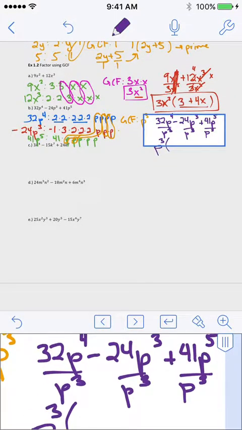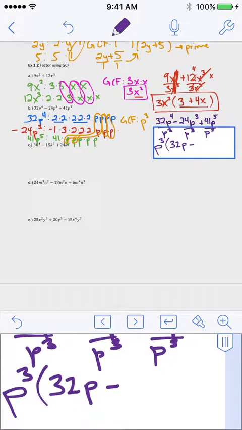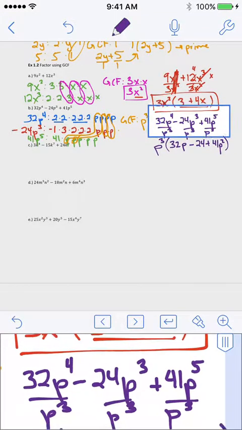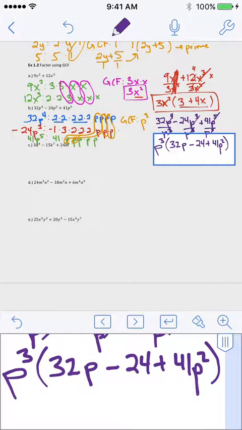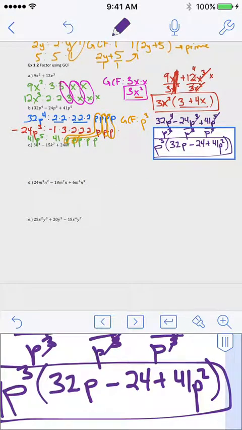But I'm left with 32p minus 24 plus 41p squared. Right? So the only things that are going to cancel are these p's. And I'm left with this factored polynomial. Awesome.